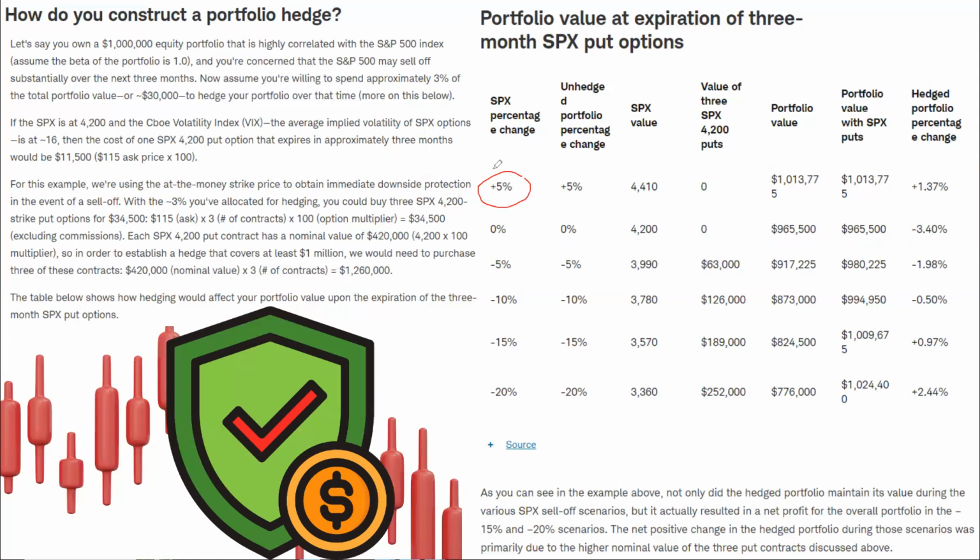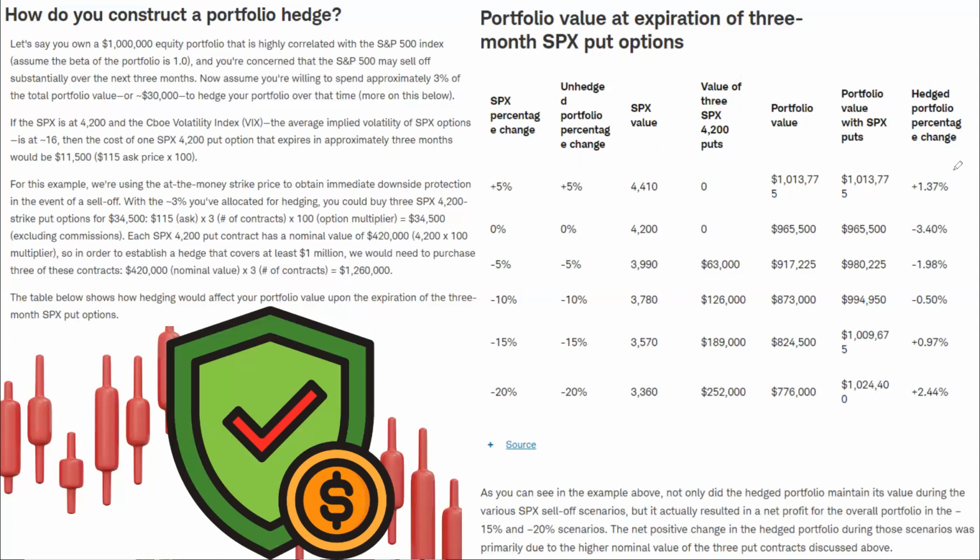So if the S&P 500 went up 5%, this is what an unhedged portfolio would look like, right? Obviously, it would be up 5%, and the value of SPX would be about 4410. The value of those S&P 500 puts is going to be 0. Your portfolio value is going to be 1,013,775.